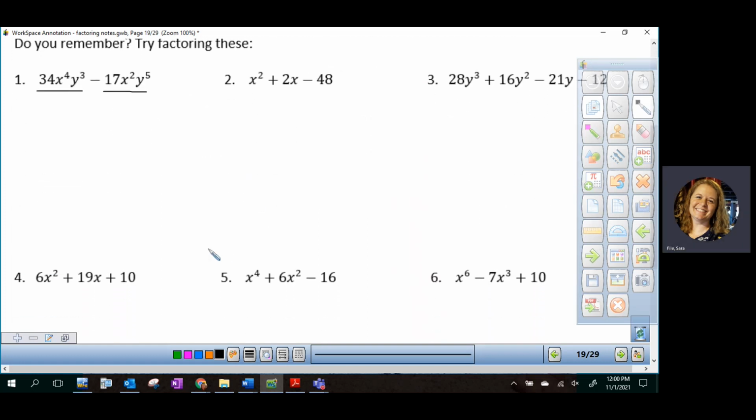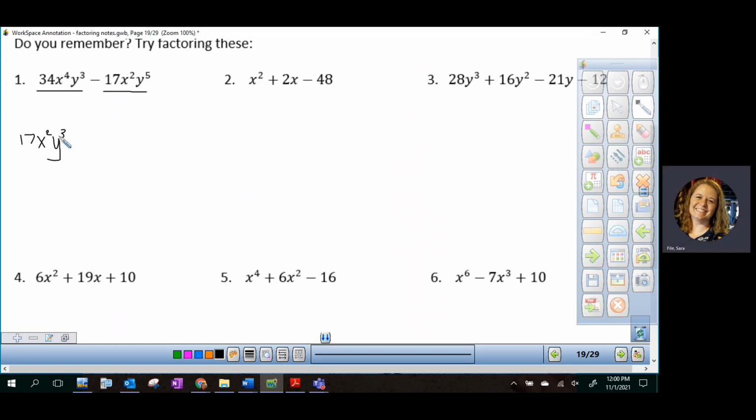Okay, so for numbers, it would be 17. What about the variables? Yeah, so if you look at, they both have x, but the highest power that they both have is squared, and then they both have y, and the highest power would be cubed. So you could take out a 17 x squared y cubed.